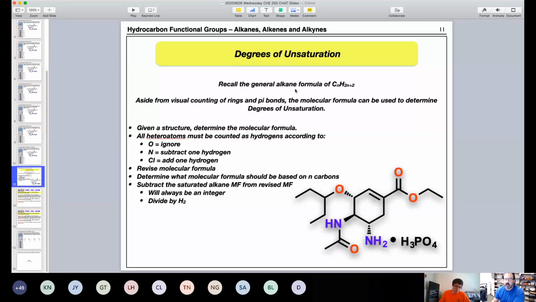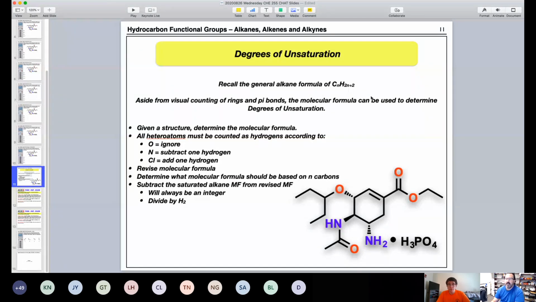Recall that the general formula for an alkane, which is fully saturated, where every carbon is bonded to a carbon or a hydrogen, is CnH2n+2. Whatever n you put here, you then put there, and that tells you you have an alkane.